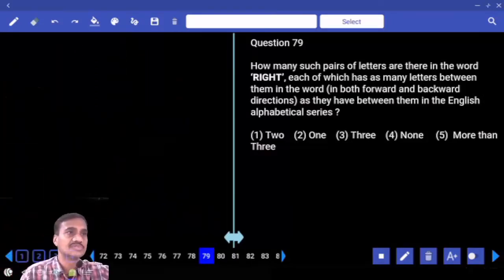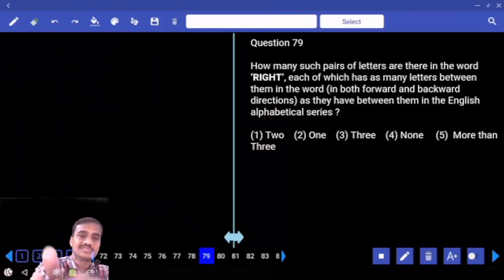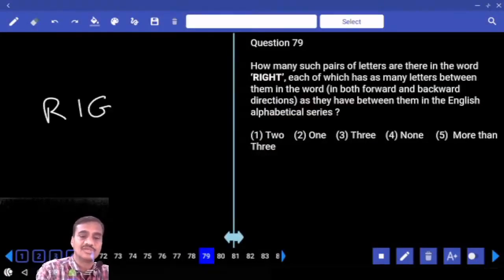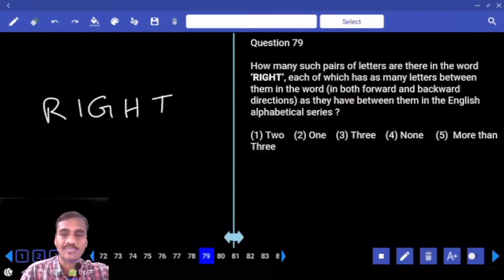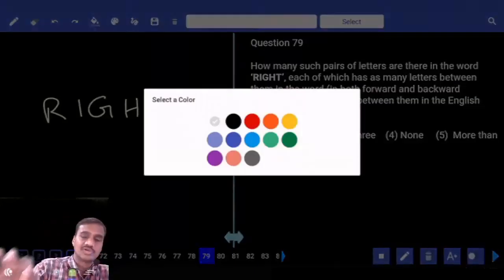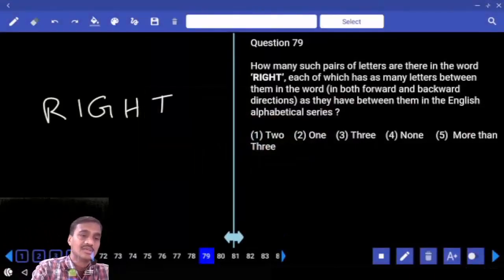Now in question number 79, how many such pairs of letters are there in the word RIGHT, with as many letters between them as they have in the English alphabet? Starting with R: R, S, T, U, V, no letter is matching.